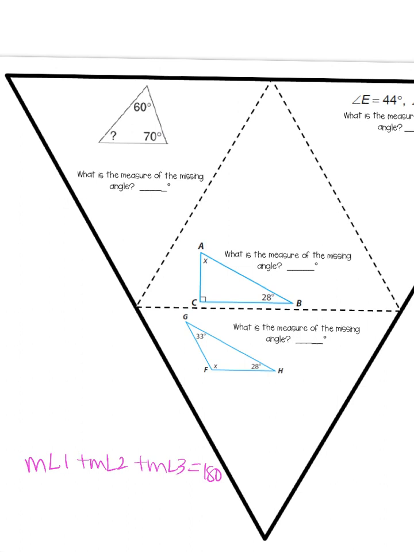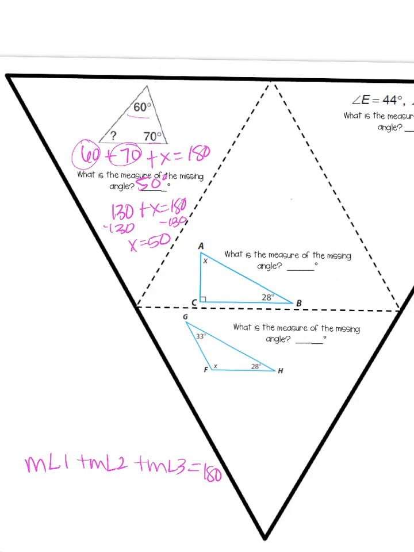So you have the measurement of angle 1, 60, plus the measurement of angle 2, 70, plus x equals 180. Combine like terms. What's 60 plus 70? 130 plus x equals 180. Subtract 130 from both sides. X equals 50. So my missing angle measure was 50 degrees.